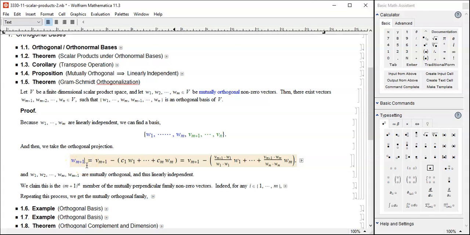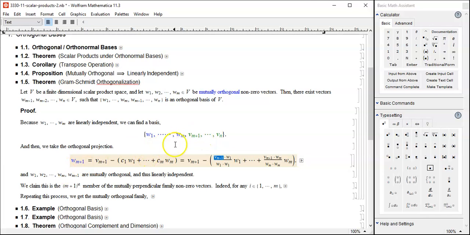We get it using the same idea: the orthogonal component, Vm plus 1 minus the orthogonal projection of Vm plus 1, C1W1 plus C2W2 plus C3W3 all the way up to CmWm. More precisely speaking, we have all those C expressions here where V is Vm plus 1.